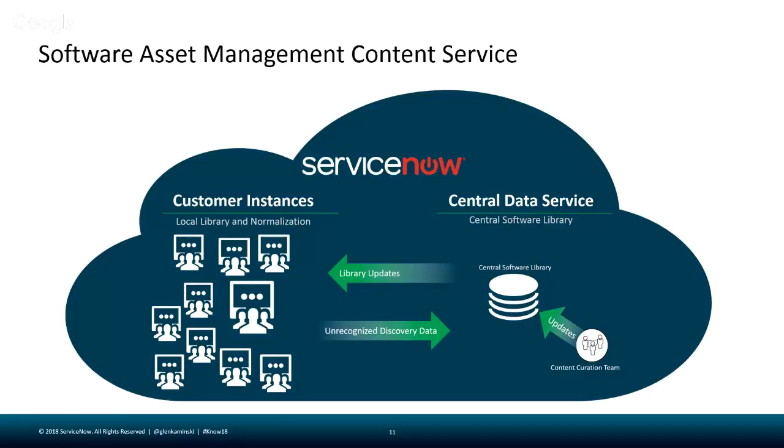So the only way that the content creation team can create updates is for those to be submitted by our customers. That's why it's really critical, and we highly recommend that our customers opt in to the software asset management content service. Now, if you choose not to, you will still get the updates, but you'll get everybody else's updates that have been submitted.